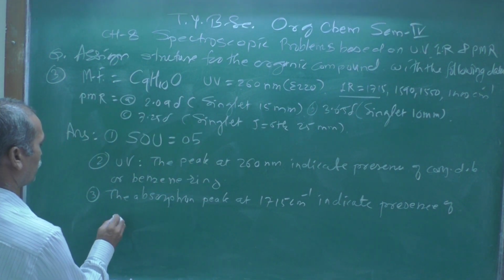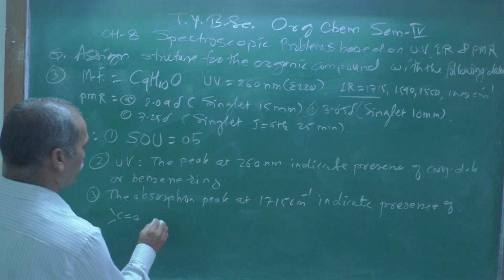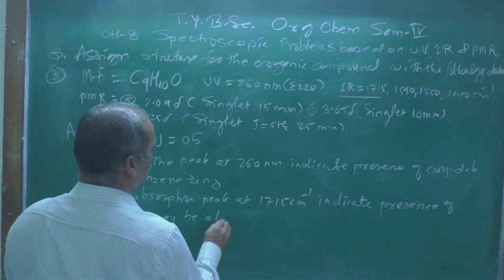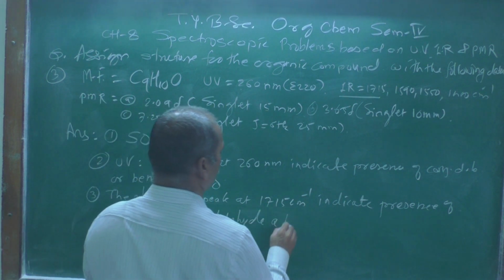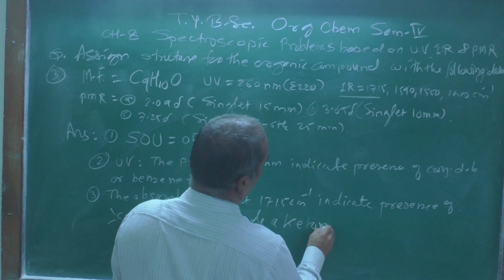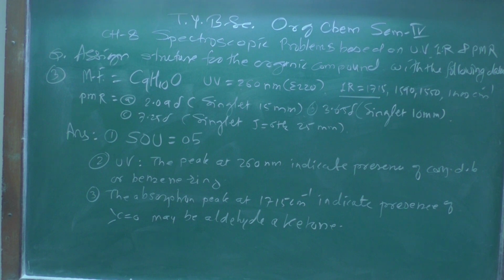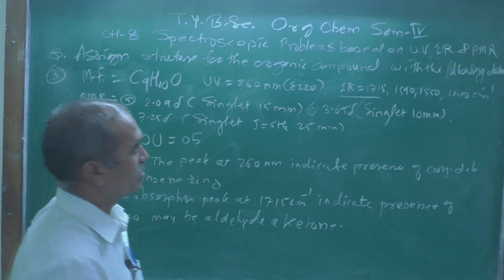The presence of a carbonyl group may be an aldehyde or a ketone, got it?